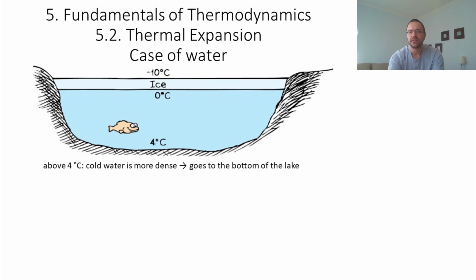So eventually, when the temperature of the water reaches 4 degrees Celsius, when it cools down below 4 degrees, it will expand. And so it will not become more dense, it will actually become less dense, and it will stay on top. And so if it stays on top, it will continue to cool down, and eventually it will freeze.